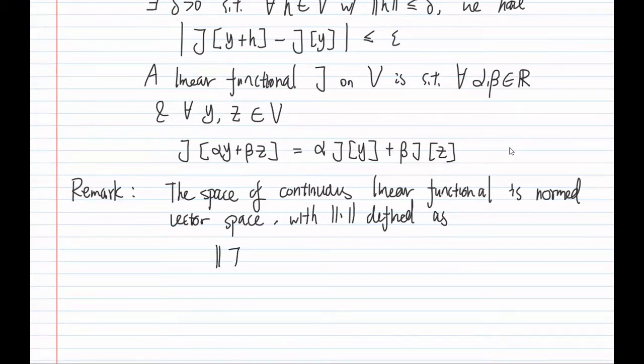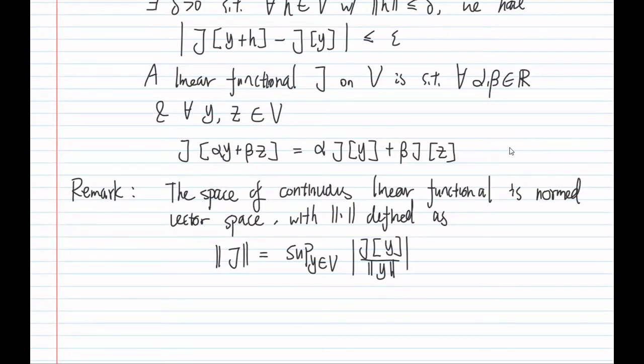The norm of J equals the supremum over y inside V of the absolute value of J applied to y divided by the norm of y. Okay, so you can check that this actually defines a norm, and this is called the operator norm.